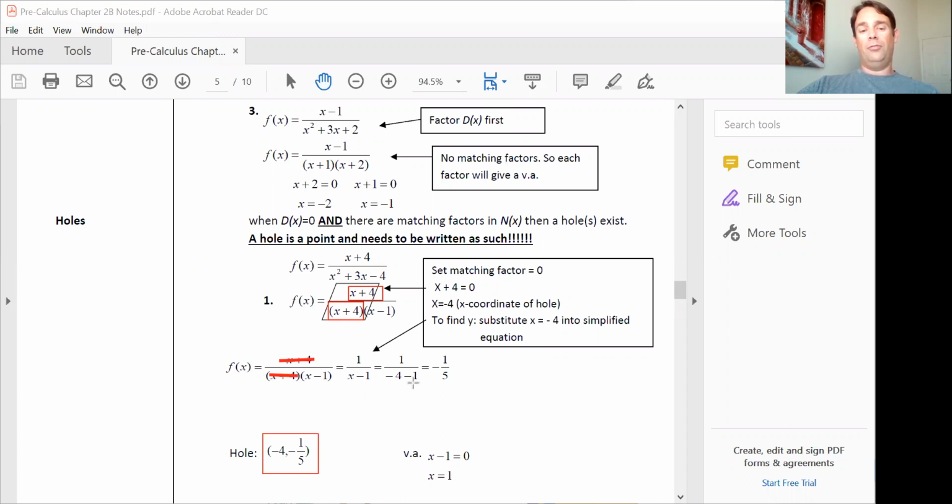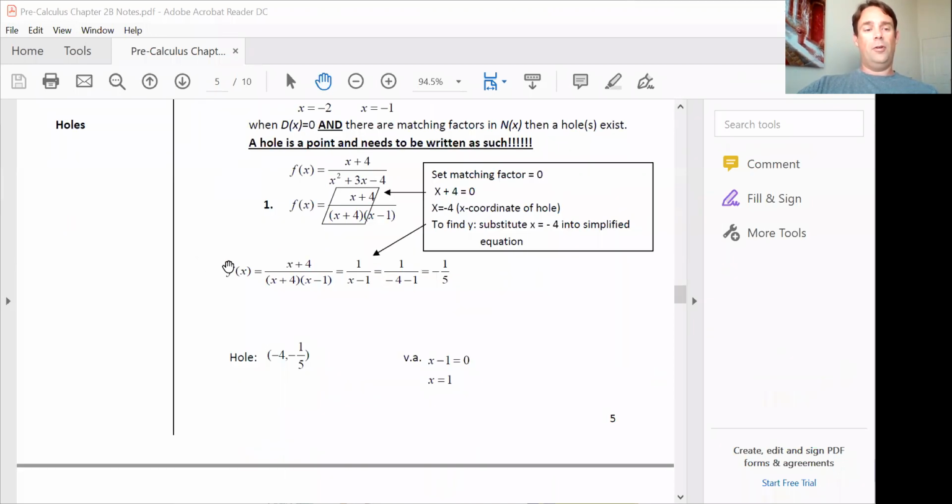So when they plug the -4, that canceled out factor in, they get the y value for it. Okay. And at the same time, if you notice as well, there was still a factor that was left over here in this problem. So that became the vertical asymptote. Okay. And we've already kind of covered holes already. So let's keep going here a little bit.